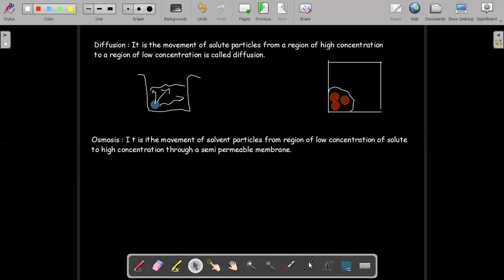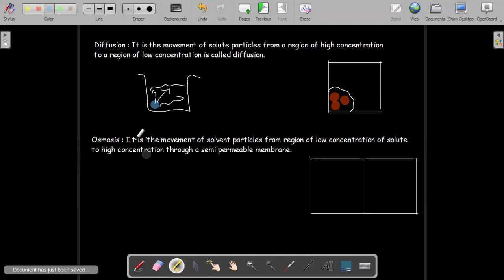So here we have two containers, and the two containers contain liquids. Both the containers contain solutes, and they contain some amount of solvent also.